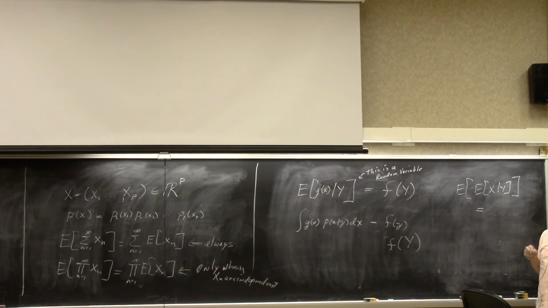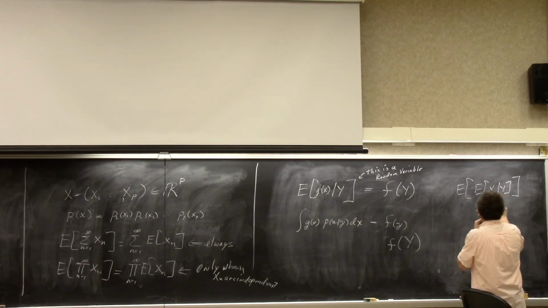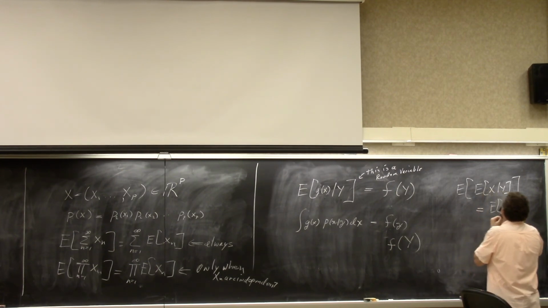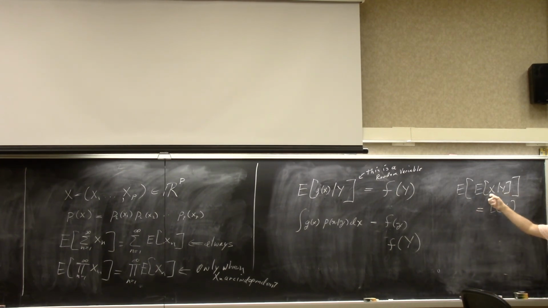So this is my expected height, given that I'm 15 years old, okay? It's the expectation of x. Because this says, what's my expected height if I'm 15 years old, if I know my age, and then if I take the expected value over the age, then I'm going to just take the expected value.